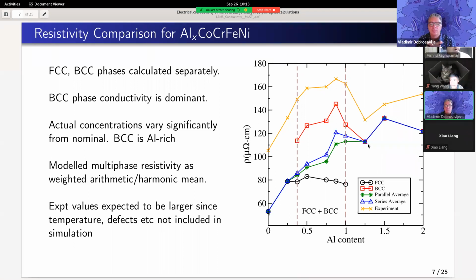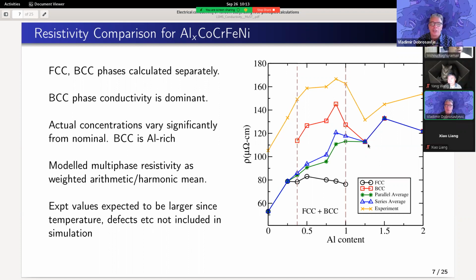And in fact, there's a nominal concentration of the two phases, which is what you set it to be, and then when you experimentally measure the concentration of the two phases, from the experimental data it seemed that in the multiphase region, the FCC concentrations don't really change. So whenever you add more aluminum to the system, it seems to affect only the BCC phase.